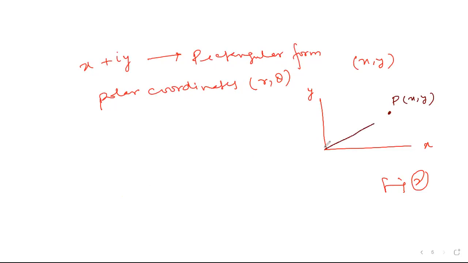If it is r distance from the origin, and this angle is theta, then we know this is the x coordinate, and this distance is the y coordinate of point P.